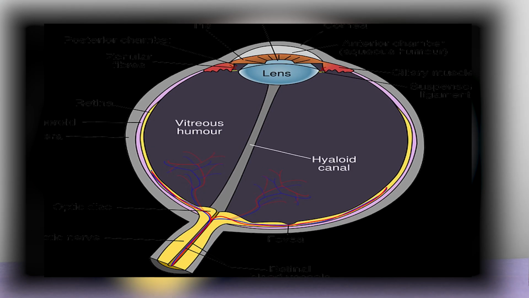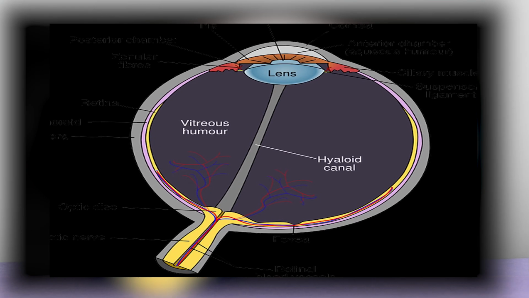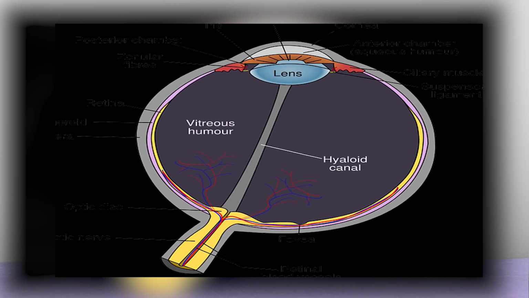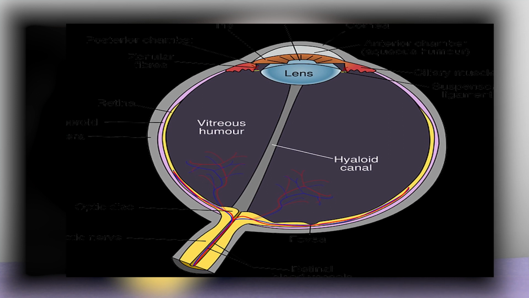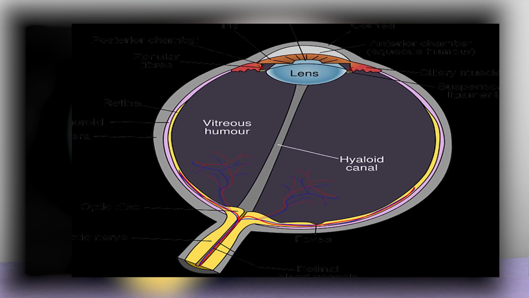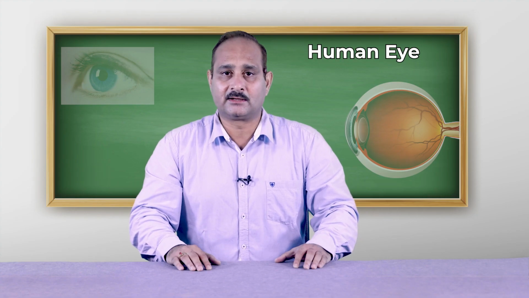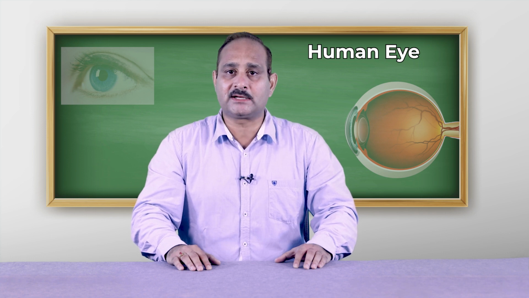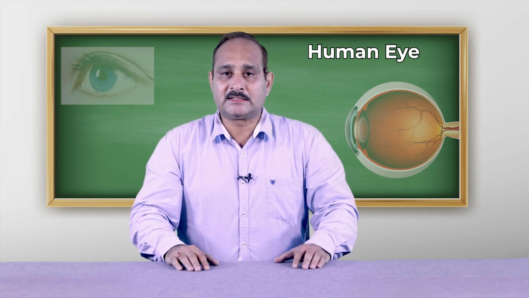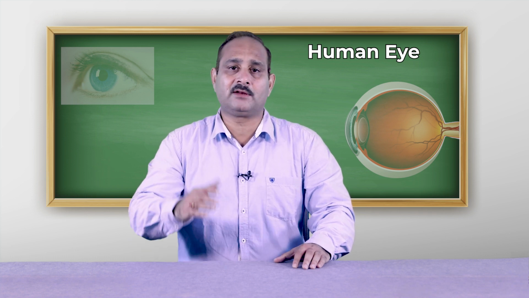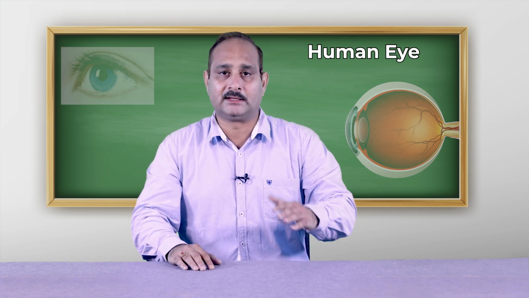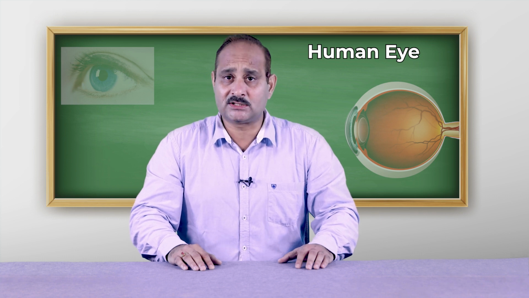When the muscles are relaxed, the lens becomes thin, the radius of curvature and hence the focal length increases. This enables us to see distant objects clearly. When we look at an object closer, the ciliary muscles contract, decreasing the radius of curvature and hence the focal length. This enables us to see nearby objects clearly.